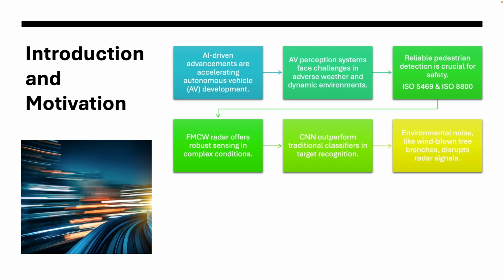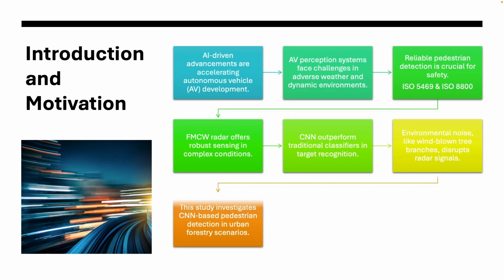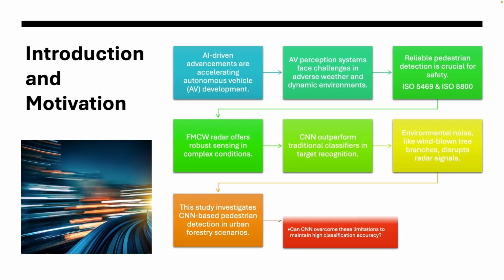We also focus on windy urban forest scenarios, which leads us to the central aim of our paper, to simulate and evaluate CNN-based pedestrian detection in windy urban environments using realistic 3D tree modeling to address the following two key questions. How does wind-induced motion affect detection? Can CNN maintain high accuracy under such conditions?